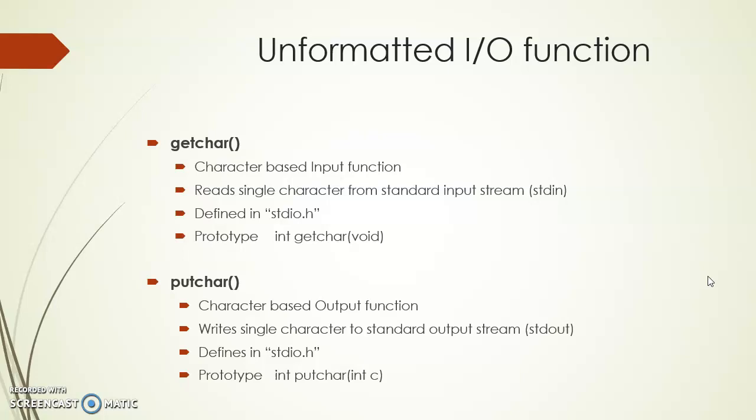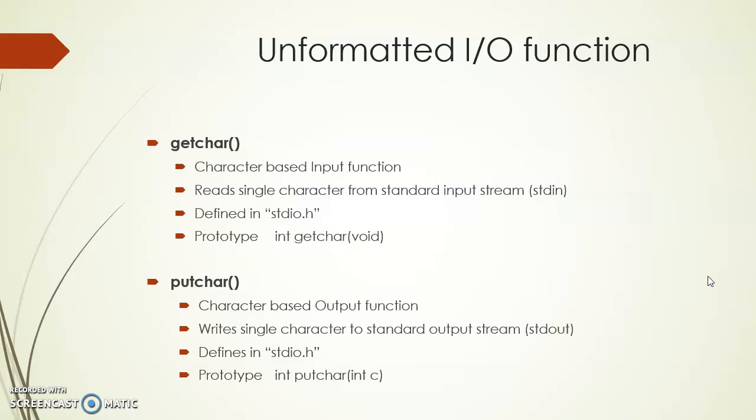Like getchar. getchar reads input from the standard input stream, or stdin, or keyboard, and returns the character to some character type variable. Now, here we see in the prototype that getchar returns int data type.